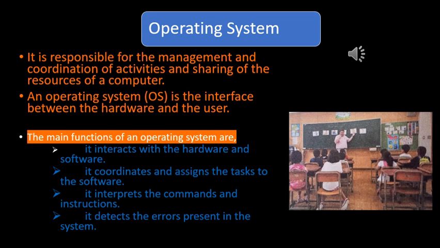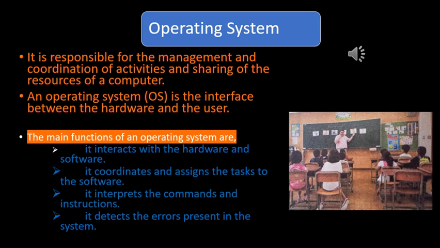Like the principal of your school, the operating system controls various activities of a computer system. It sets the environment for smooth working of a computer. It helps the computer get ready to receive instructions from you.